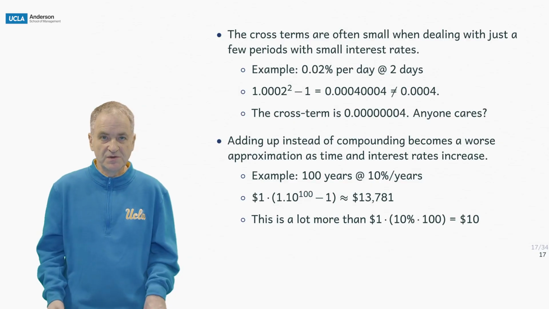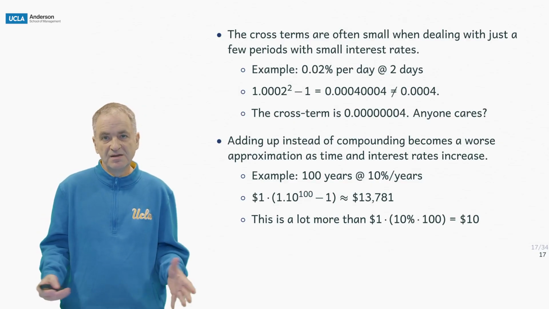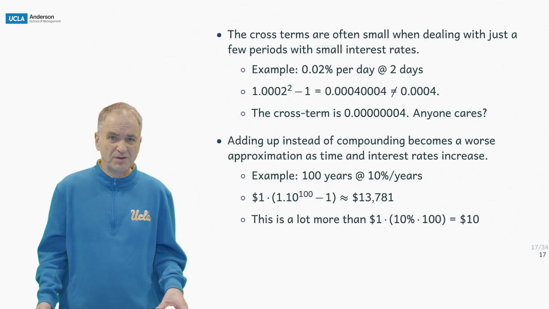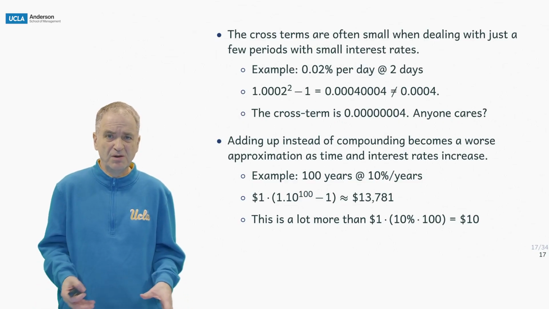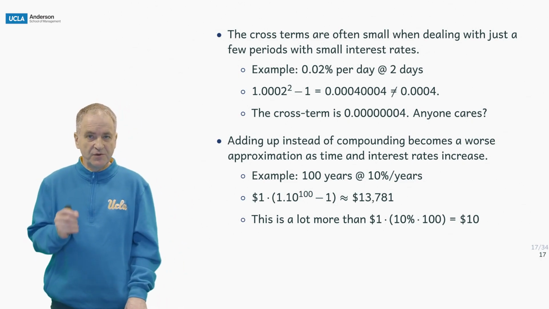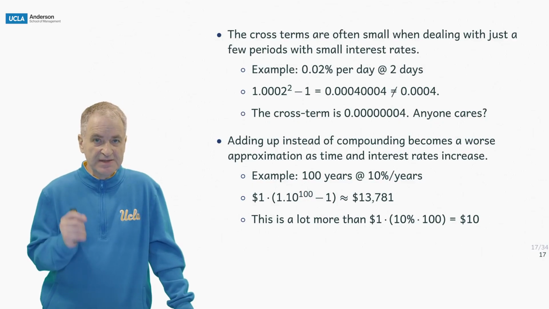Here are 2 examples of that. So 0.02% per day at 2 days. The difference is 0.0004. The cross term is 0.000. Who cares? Adding up instead of compounding becomes a worse approximation as time and interest rates increase.